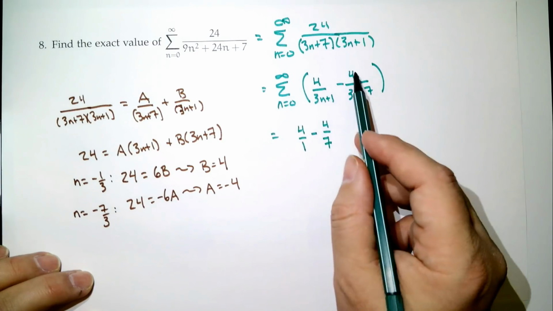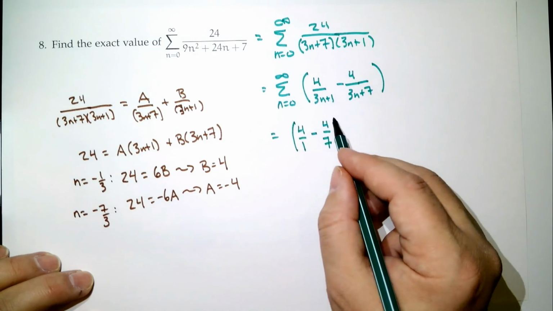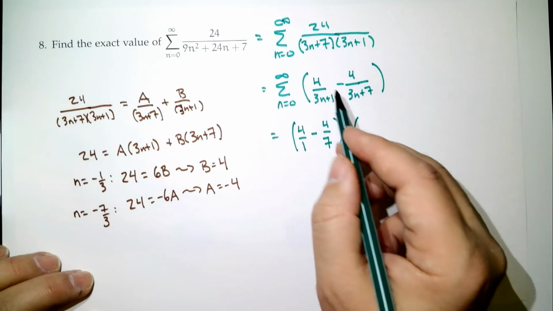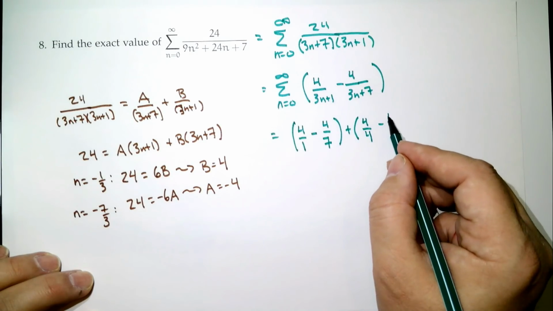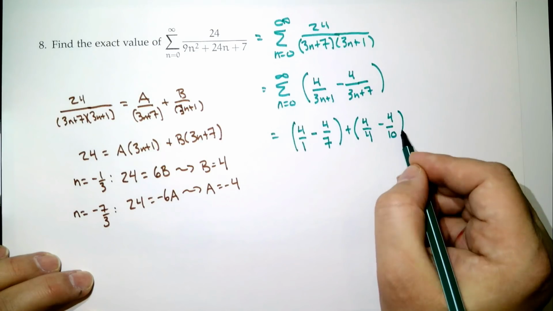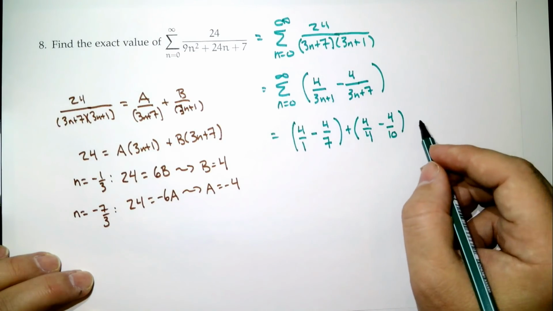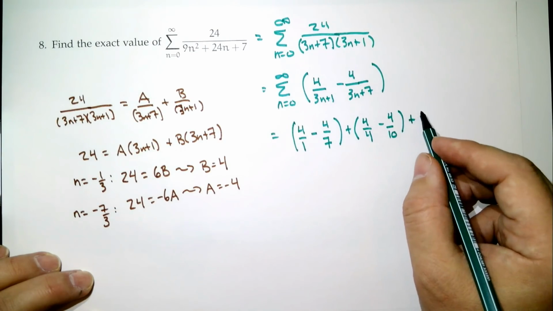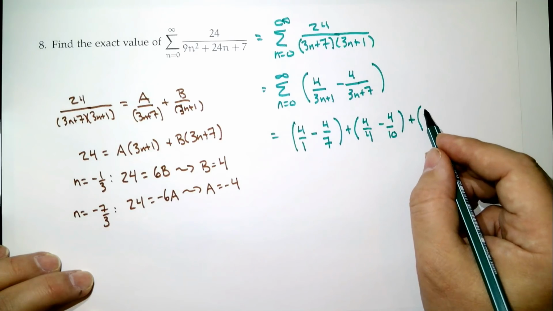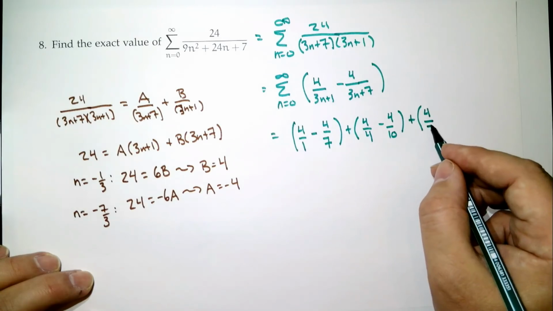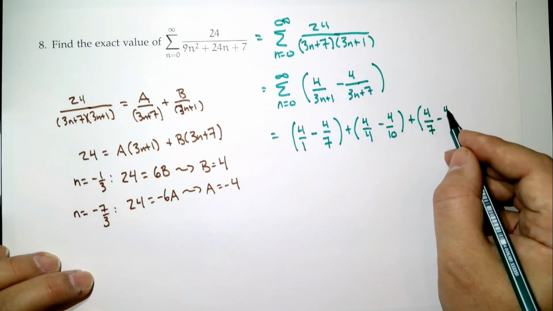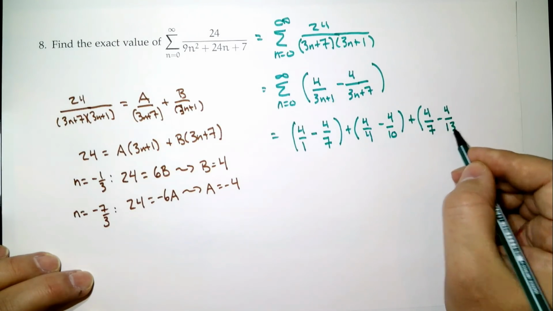Then the next term will be 4 over 4 minus 4 over 10, because that's n equals 1. So far, no cancellation. The next term, n equals 2, will be 4 over 7 minus 4 over 13.